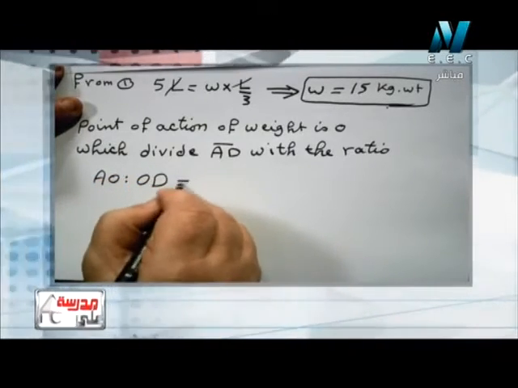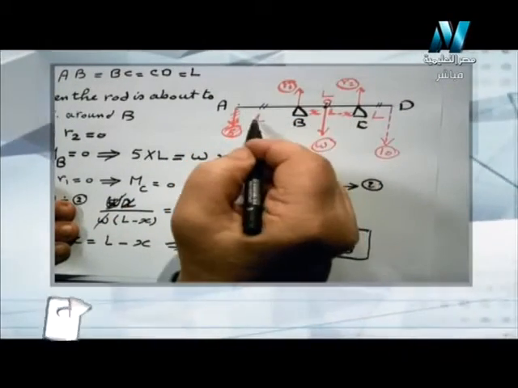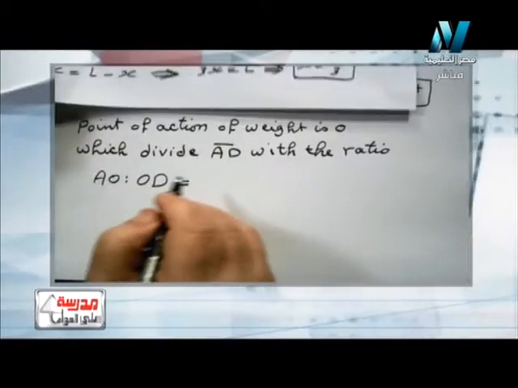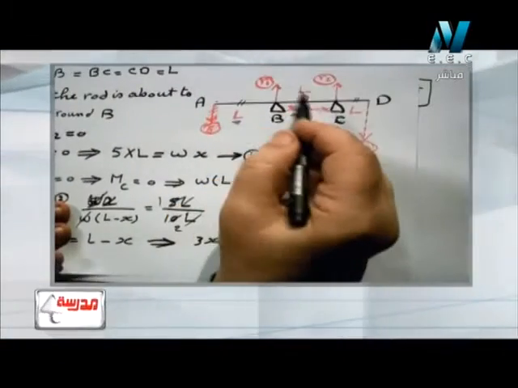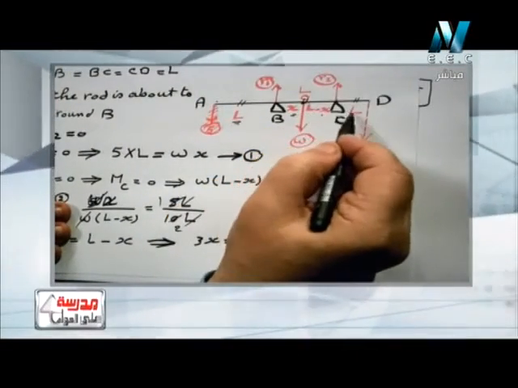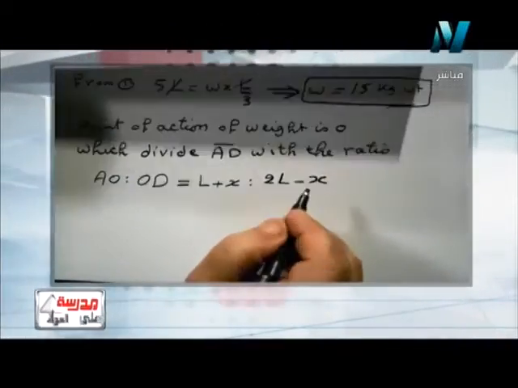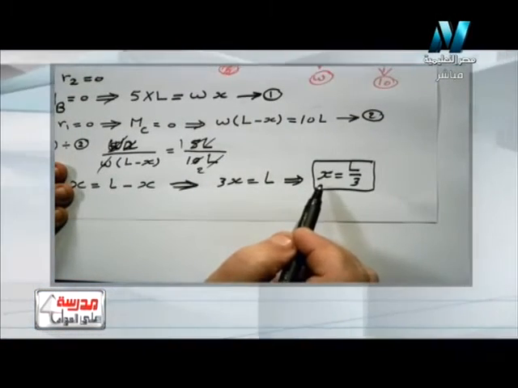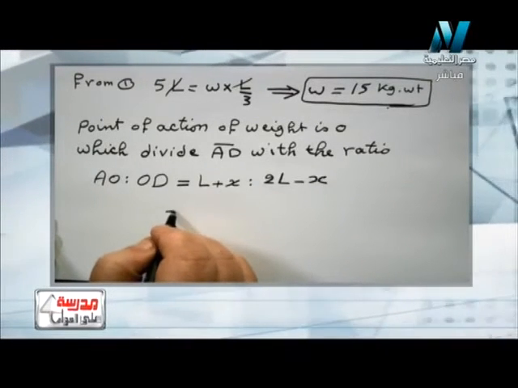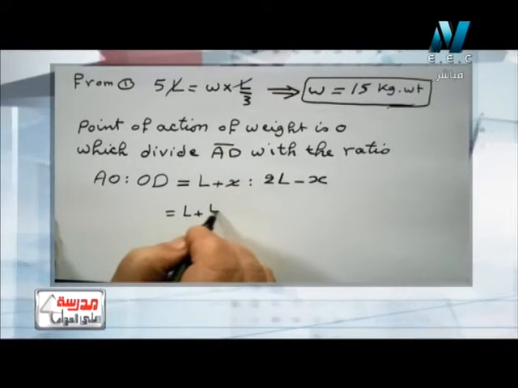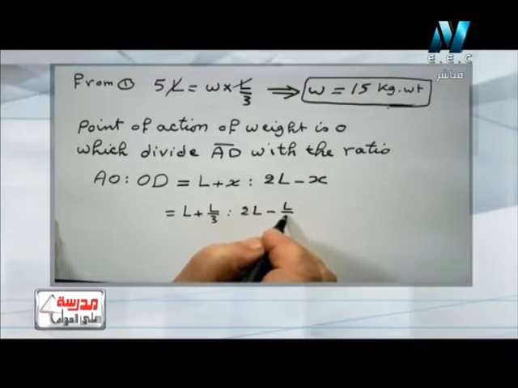What about AO? It is equal to L plus X. OD is L minus X plus L, so 2L minus X. Do you remember, my dears, what X was equal to? Isn't it L over 3? So substitute: equal L plus L over 3, and 2L minus L over 3.